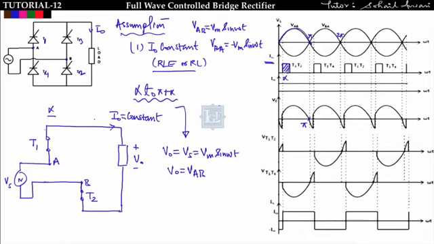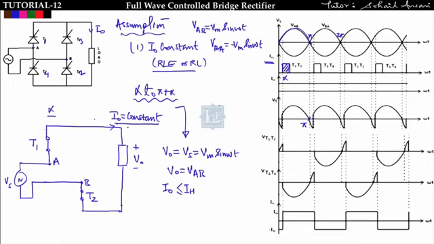Right? See here, I am assuming that the load current is constant and you are not triggering T3 and T4 after pi. So what do you mean by this? This means to turn off T1 and T2, I naught must be less than or equal to the holding current of the T1 and T2 thyristors. Then only it will get turned off.